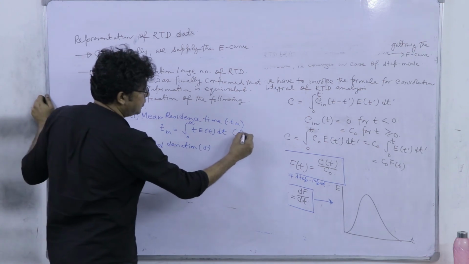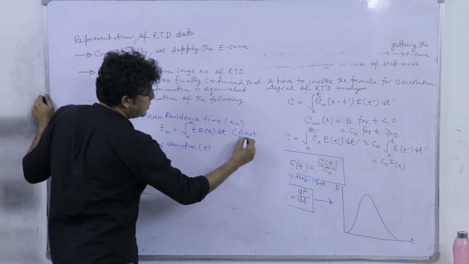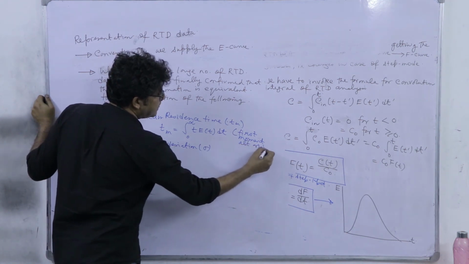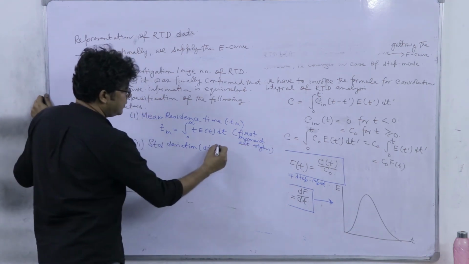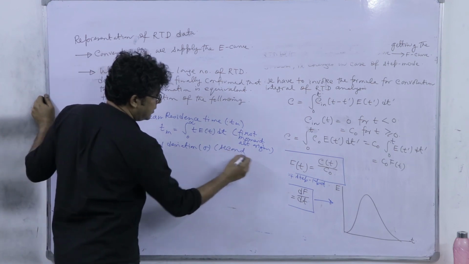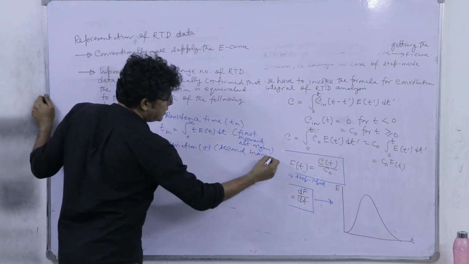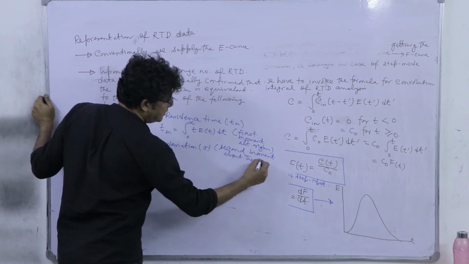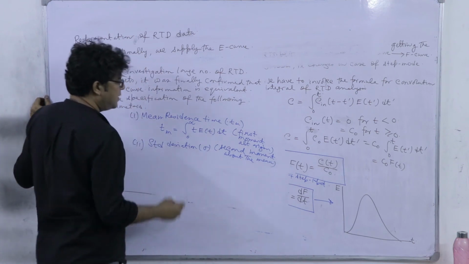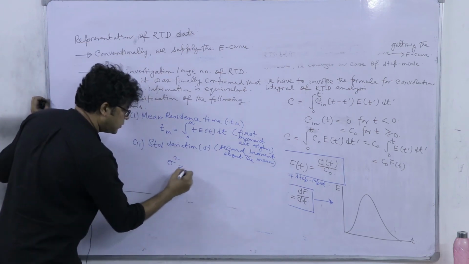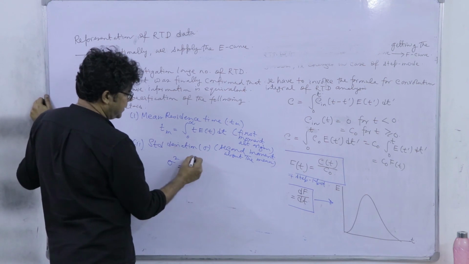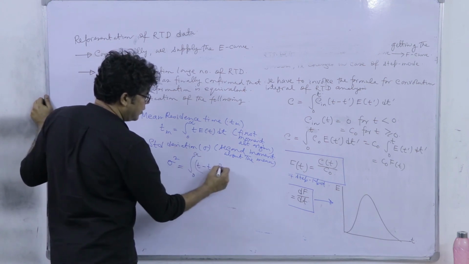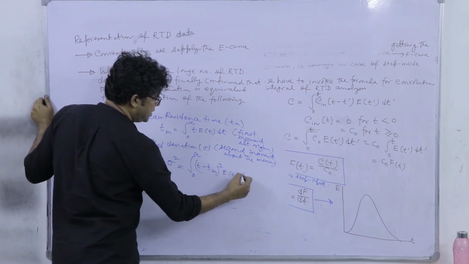So, this is the first moment about the origin, and this is the second moment about the mean. It is not exactly the second moment, it is the variance; the standard deviation is the square root of this second moment. So, sigma square is the integral from 0 to infinity of (t minus Tm) whole square E(t) dt.